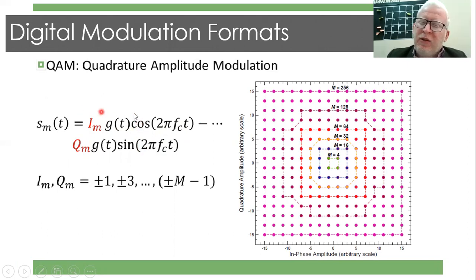So one is in-phase and one is orthogonal, or quadrature, to this phase. Actually, all these previous slides are some sort of repetition of what you have already learned in the basic digital modulation techniques in your previous courses.